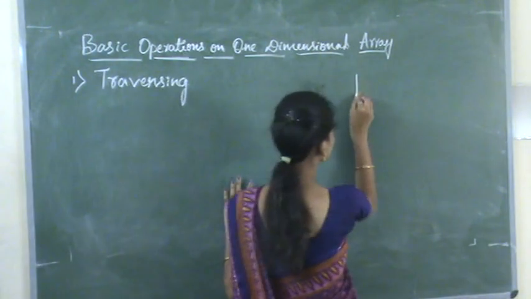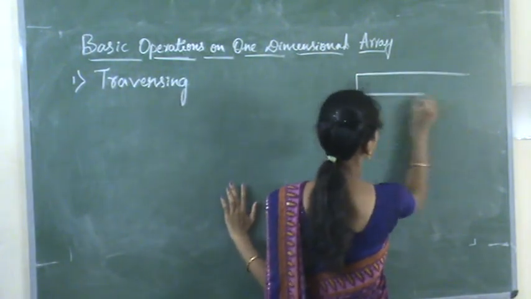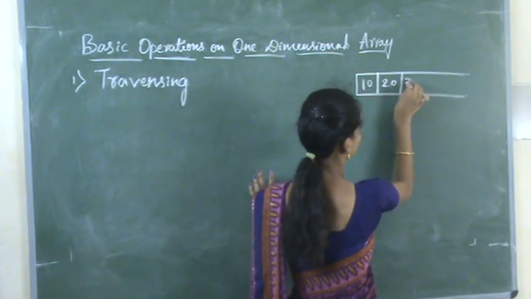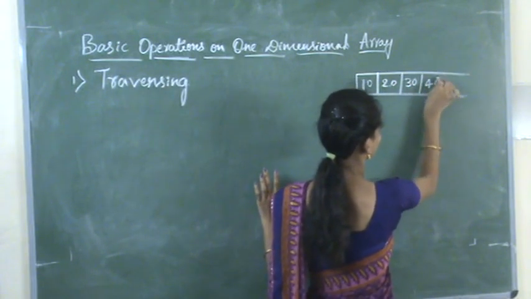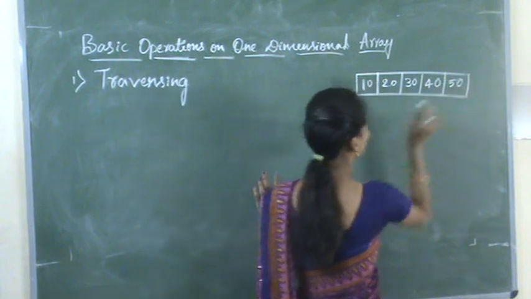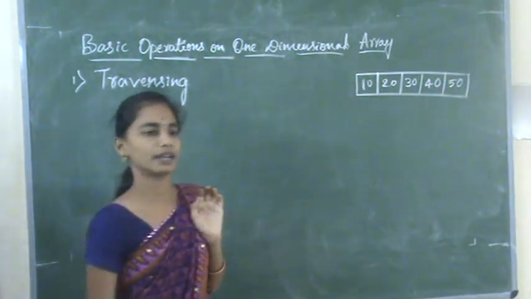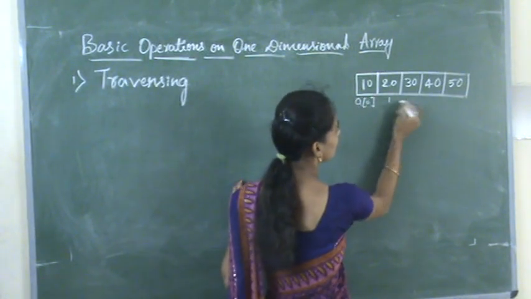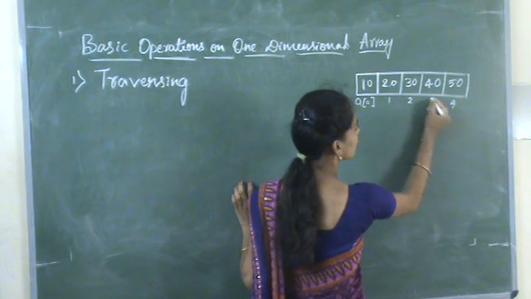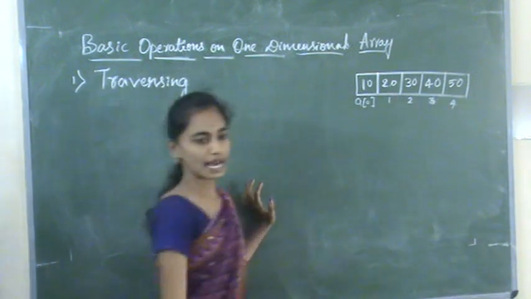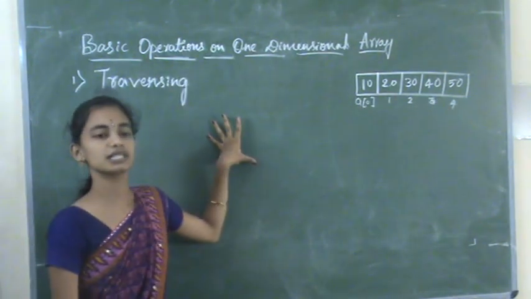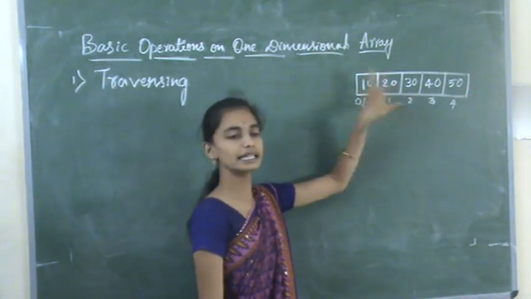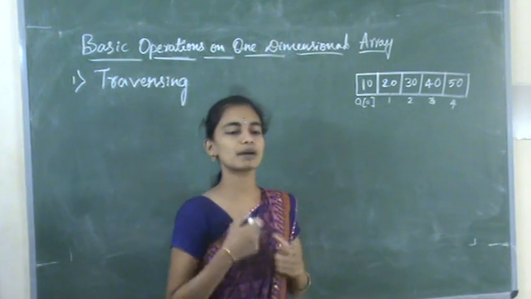Suppose we take one array, array A, with indices A of 0, 1, 2, 3 and then 4. So traversing means accessing each element in an array to do some operations.